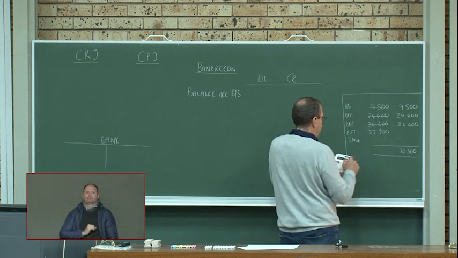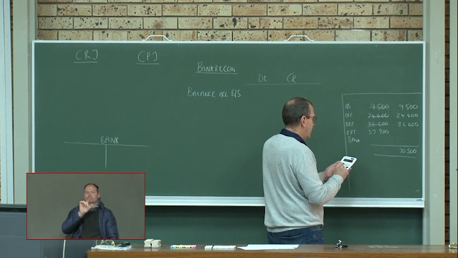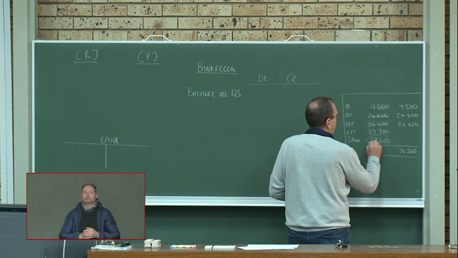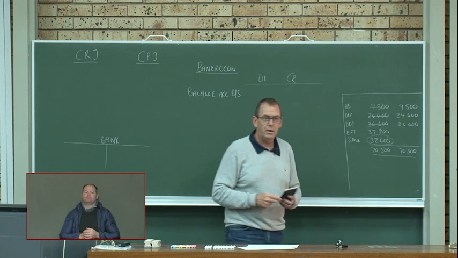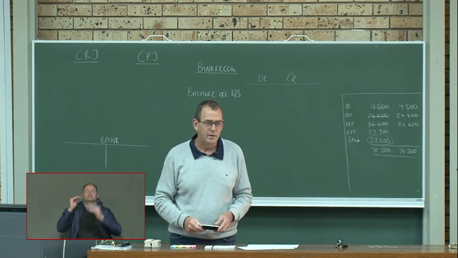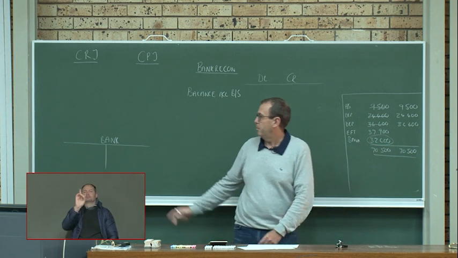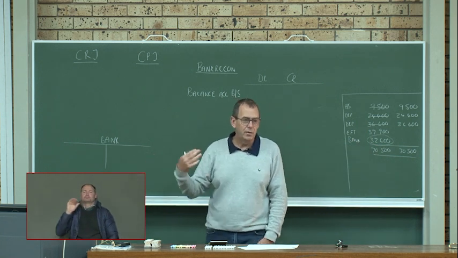And that side is 37,900. If we subtract it, we get 32,600. So that's our balancing figure. All right? And we see it's on the debit side.